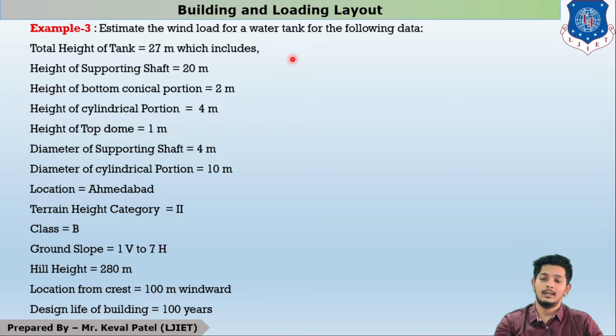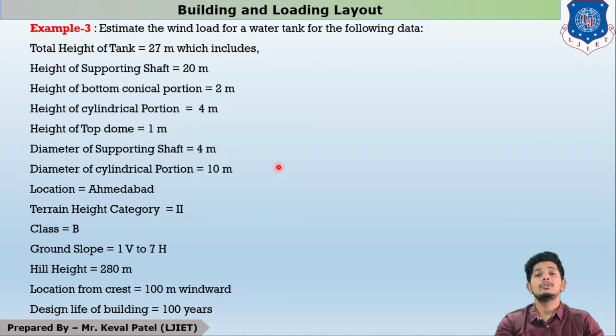Total height of the tank is 27 meter, which includes height of supporting shaft 20 meter, height of bottom conical portion which is 2 meter, height of cylindrical portion which is 4 meter, height of top dome which is 1 meter, diameter of supporting shaft that is 4 meter, and diameter of cylindrical portion is given as 10 meter. Location of water tank is in Ahmedabad.